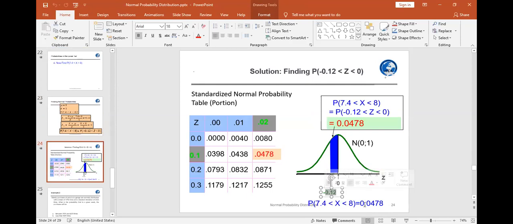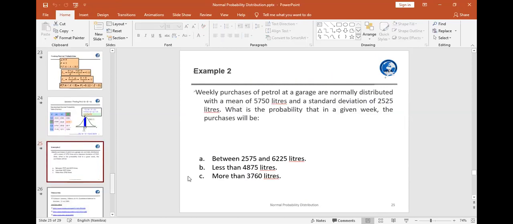But the probability should always be between 0 and 1. It's a final answer. If you give an answer which is negative or beyond 1, then that's an incorrect answer. So it's 0.0478, our answer. It's the same property then.